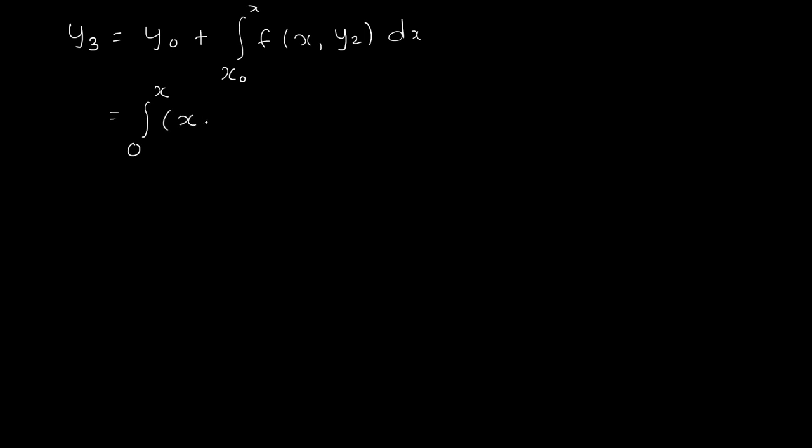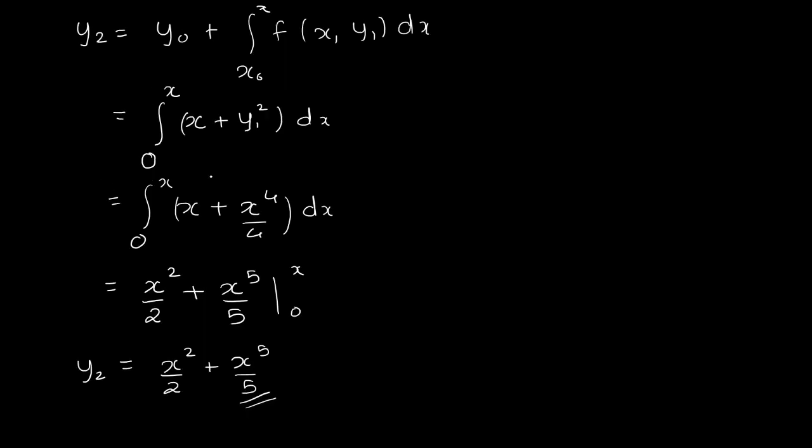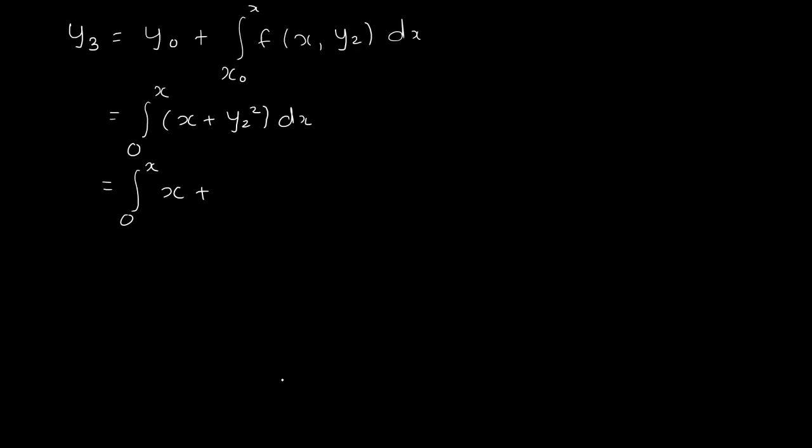F of x comma y2 will be x plus y2 square dx, and it is given by the integral from 0 to x of x plus y2 square. Y2 is this one, which we got in the second iteration: x square by 2 plus x raised to 5 by 5, the whole square dx.